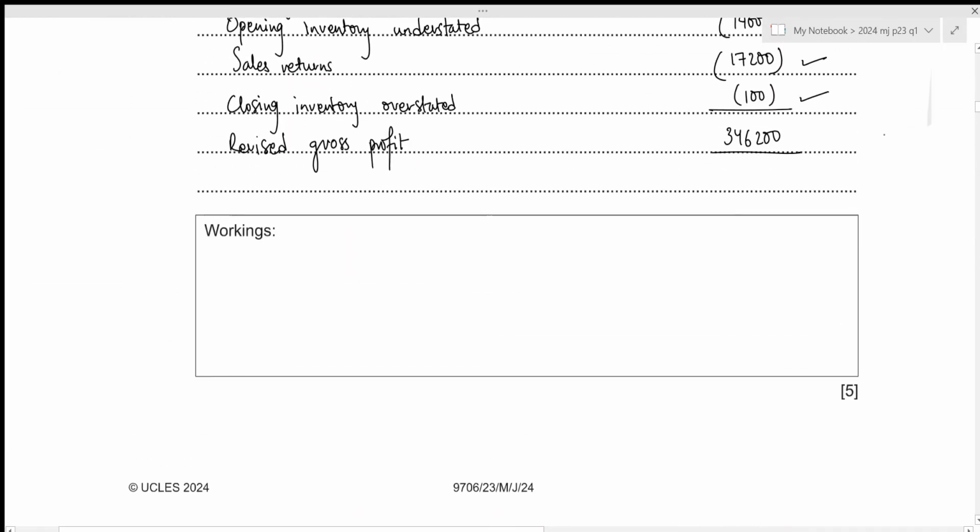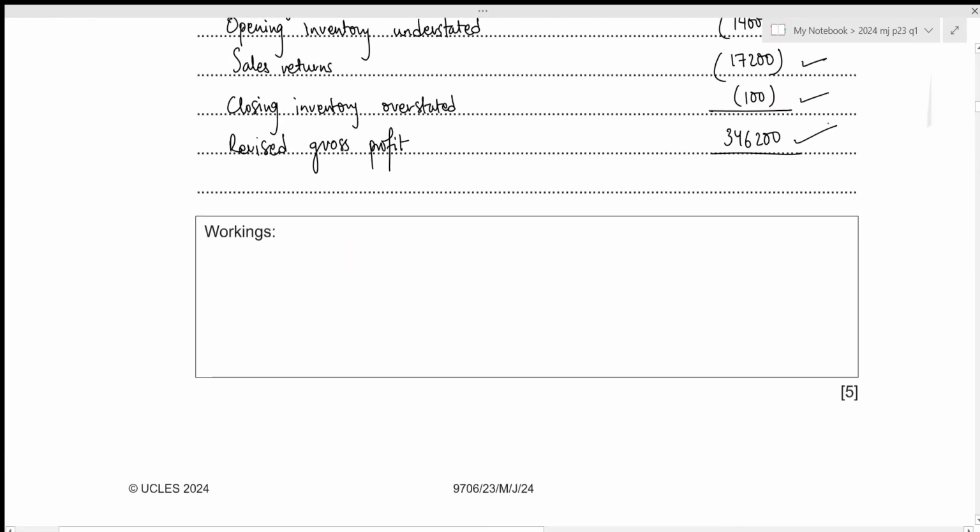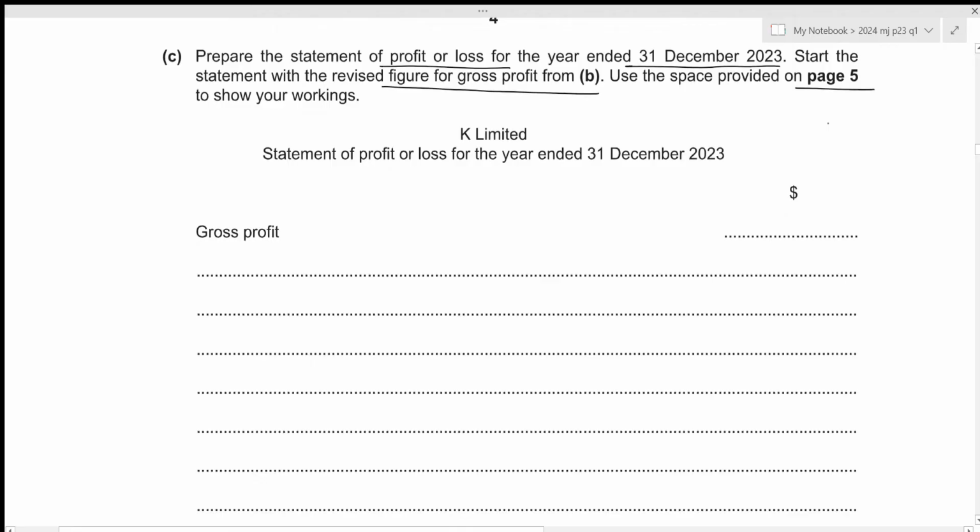Let's take a look at our gross profit amount. That was 346,200. Now we do not have any additional income in this case, so we can just move towards the expenses. And for the expenses as well, we've already categorized it into administrative expenses and distribution costs.